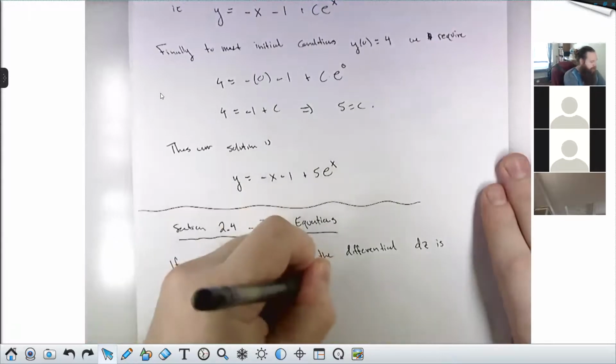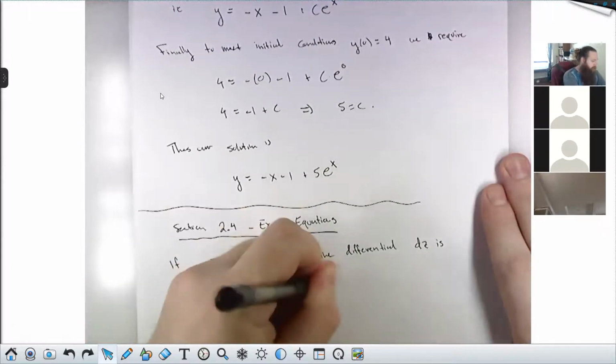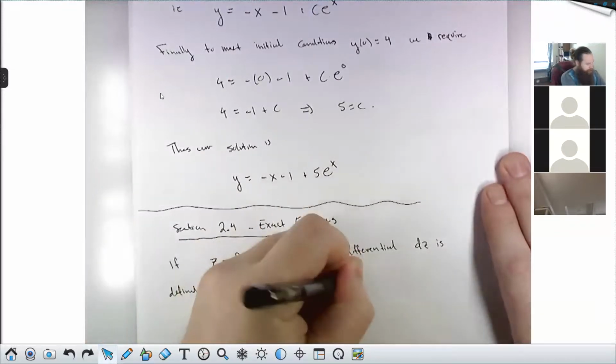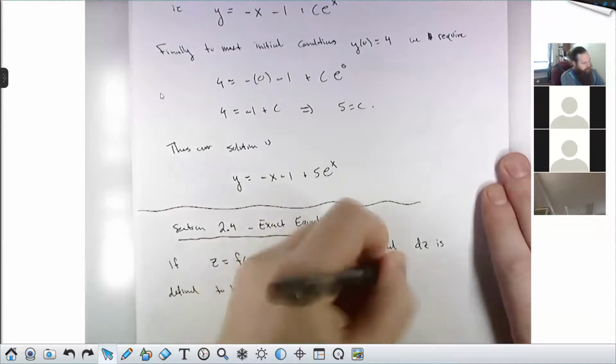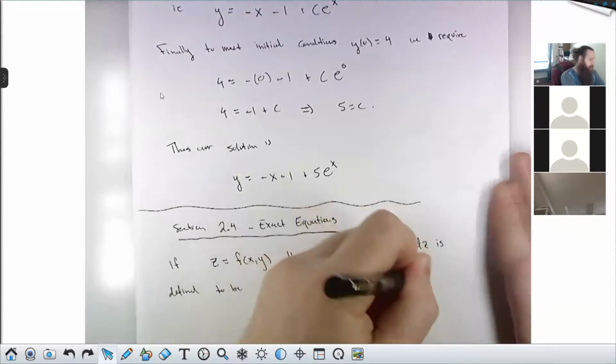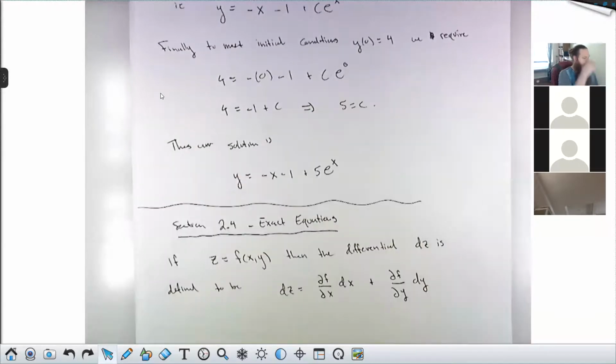It's defined to be the partial derivative of f taken with respect to x times dx plus the partial derivative of f taken with respect to y times dy. If you're taking Calc 3, then you've seen this concept before.